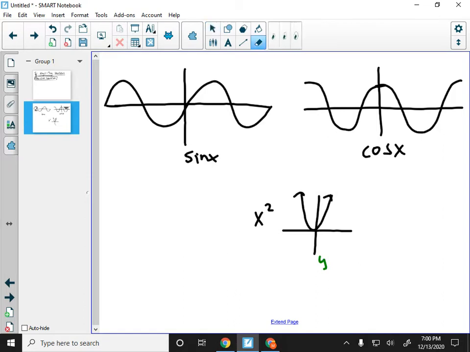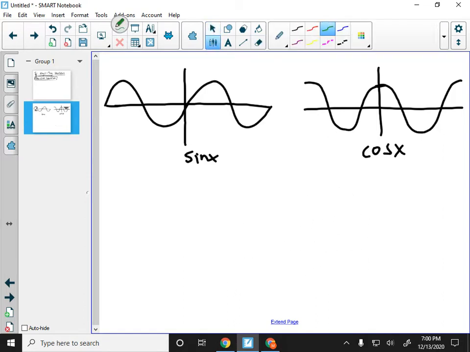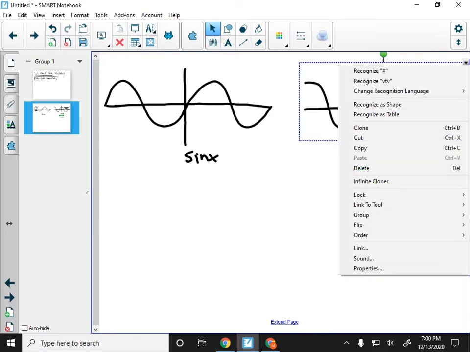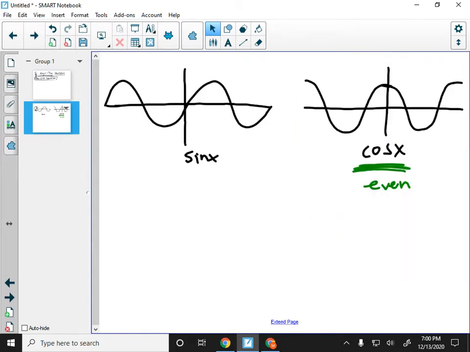So even functions are ones that we can flip over our y-axis and they stay the same, which means that this one right here would be an even function. If I were to take that entire graph and flip it left to right, it still looks like the exact same graph.